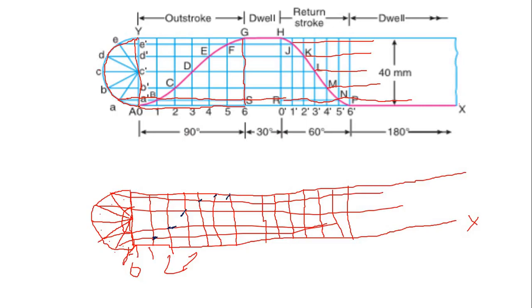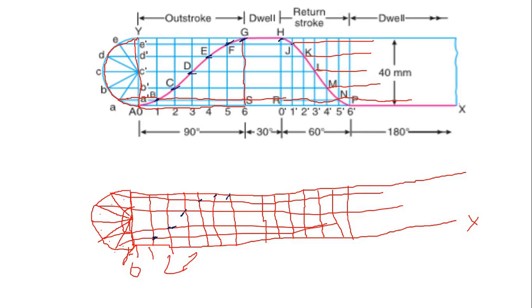Here we can see, starting from the 0 line, the 1 division cut at point B. A is already cut at 0, the second point cut at C, the third division cut at D, and the fourth division cut here, and this is the 5th point, and this is the 6th point. Similarly, in the return stroke, H is also a point, but it cuts at the exact upper horizontal position.